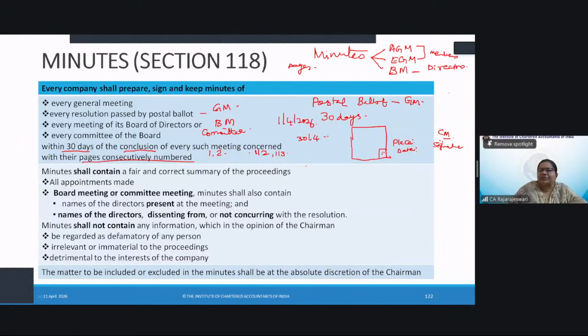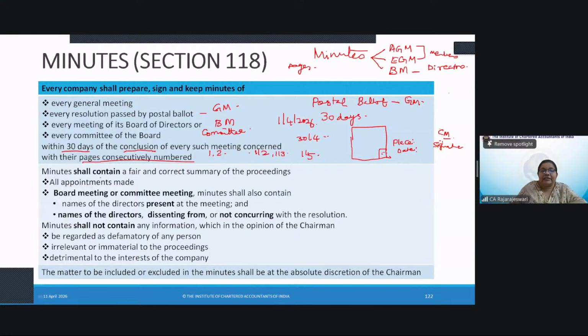Nobody should delete anything. So it should be numbered so that it is in order. So that is a very important point. Minutes should be consecutively numbered, one after the other. Meaning after 113, you cannot leave 114 and start from 115. Even that 114 should also be numbered. That is the meaning of consecutively numbered.